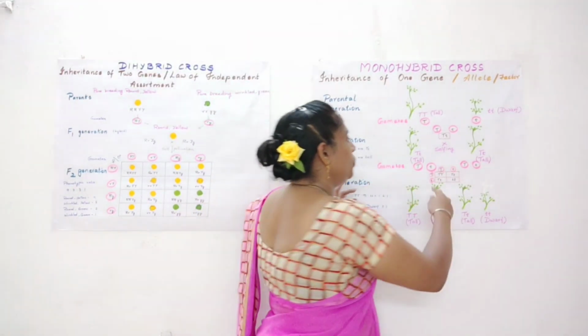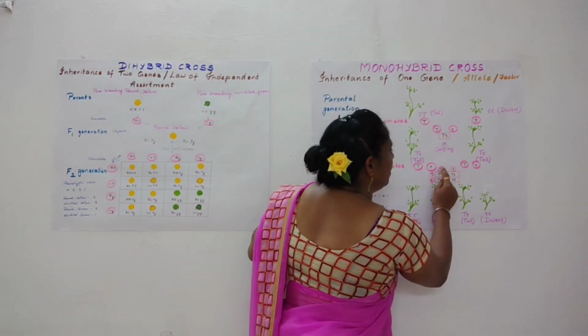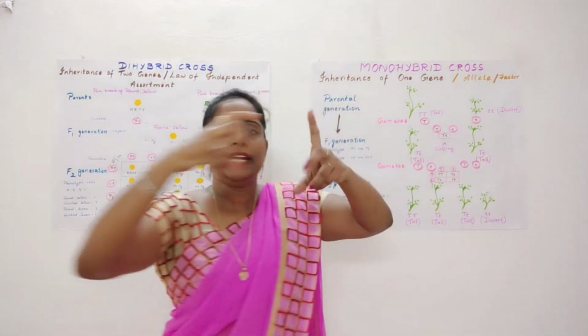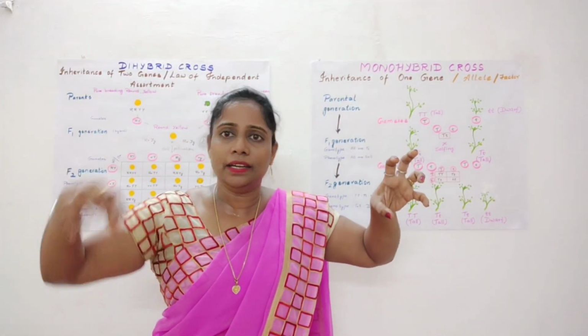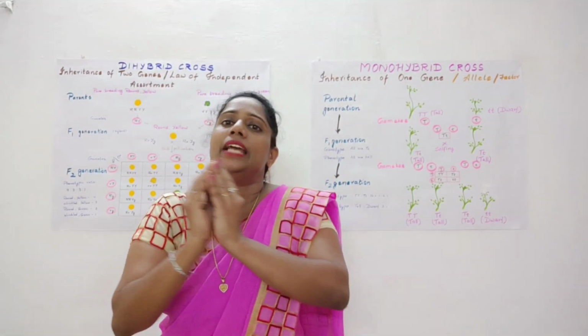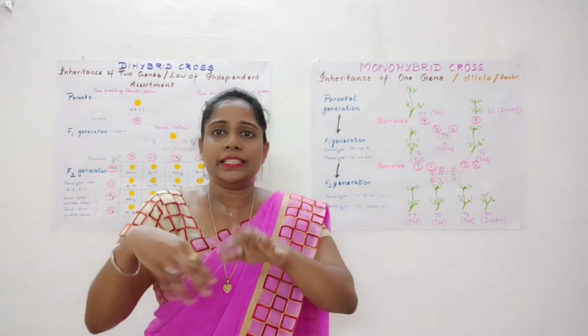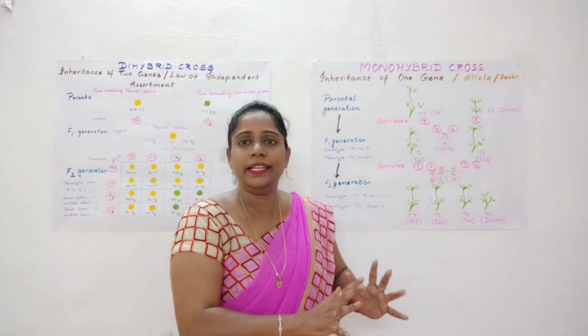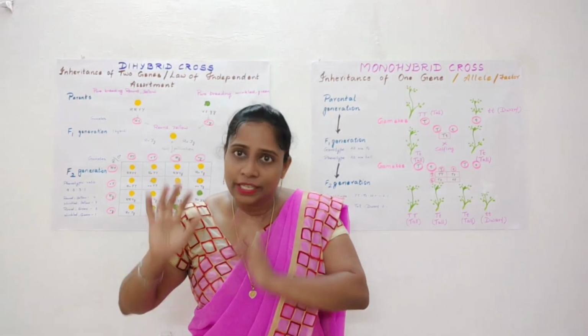Capital T and small t will segregate, so one gamete will have capital T, another gamete will have small t. As I told you earlier, 50% will have capital T, 50% will have small t.